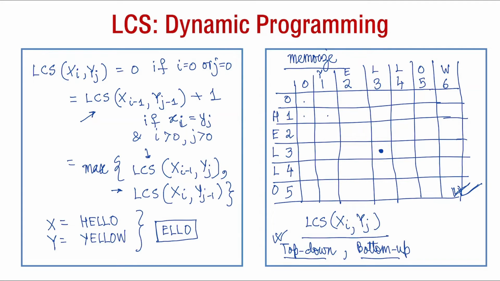We now know that any value here, let us say this value, is dependent on these values. So this value can be computed from these three values. This is the first value, I minus 1, j minus 1.